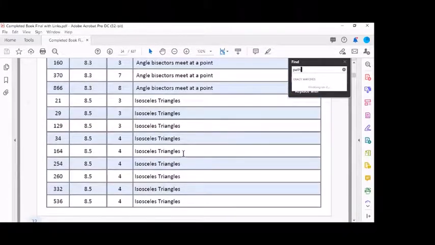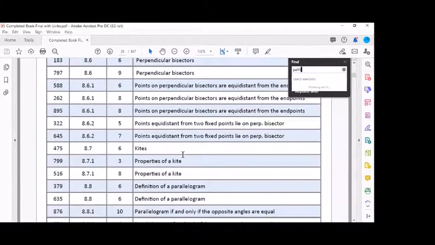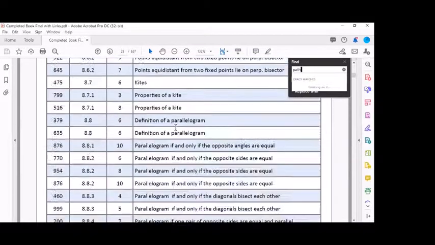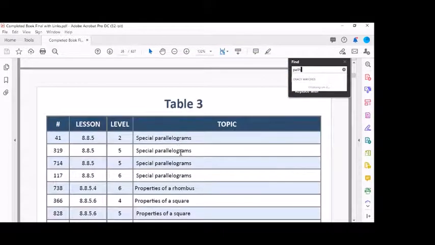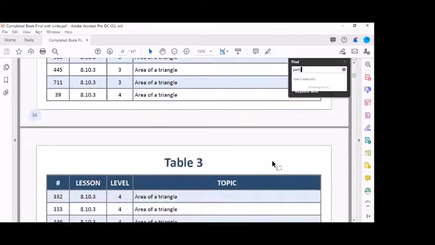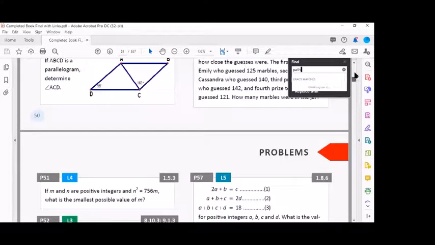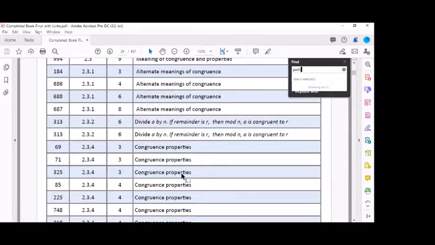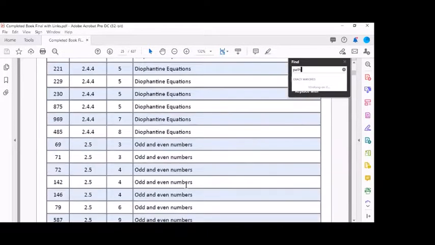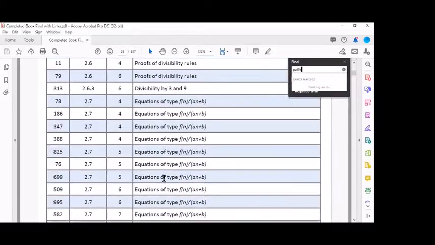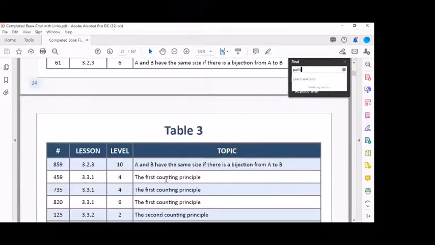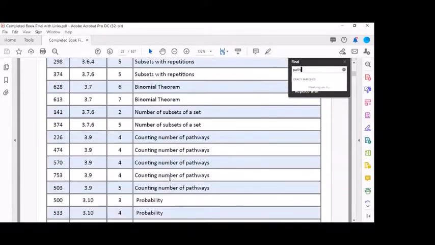You see, there's a whole section of these tables like this, and you got lots of words here, and hopefully one of these will be something about paths. All right, it's taking too long.